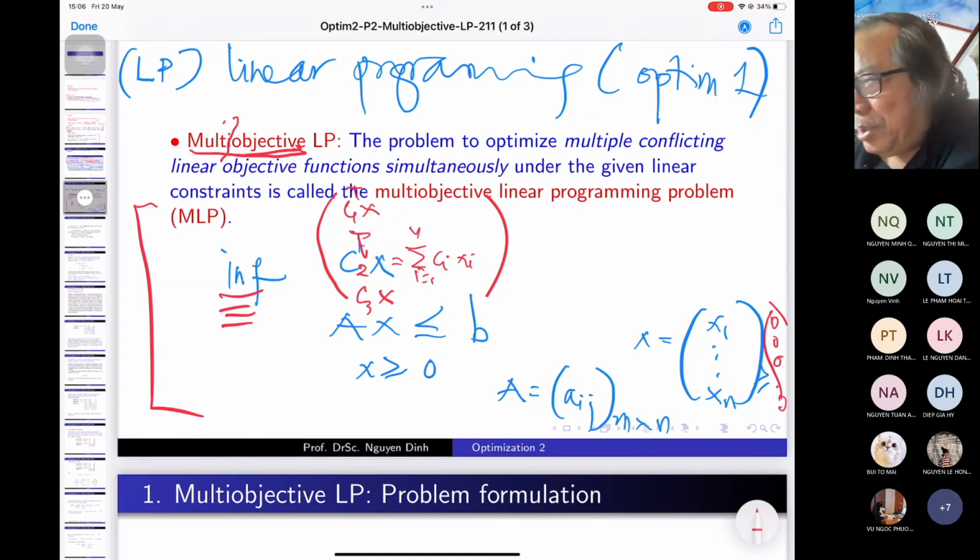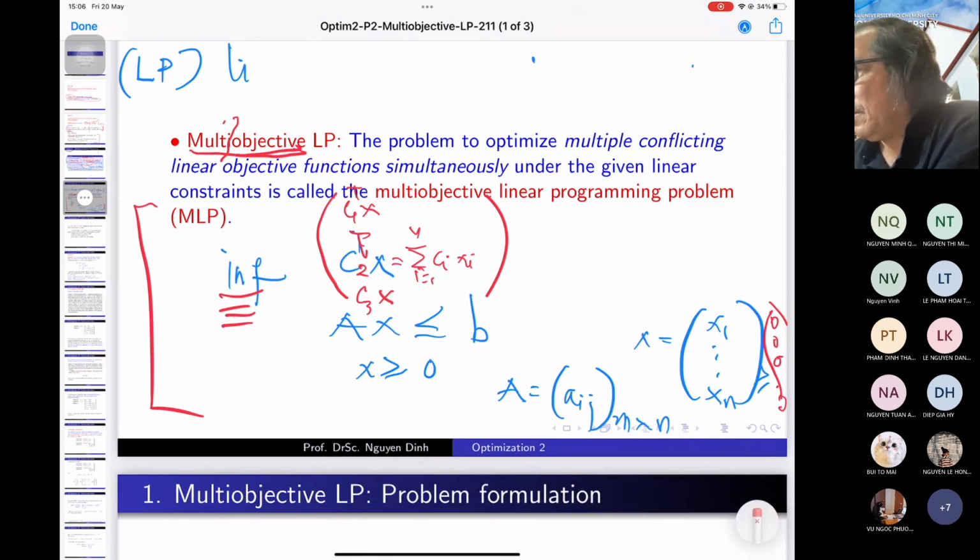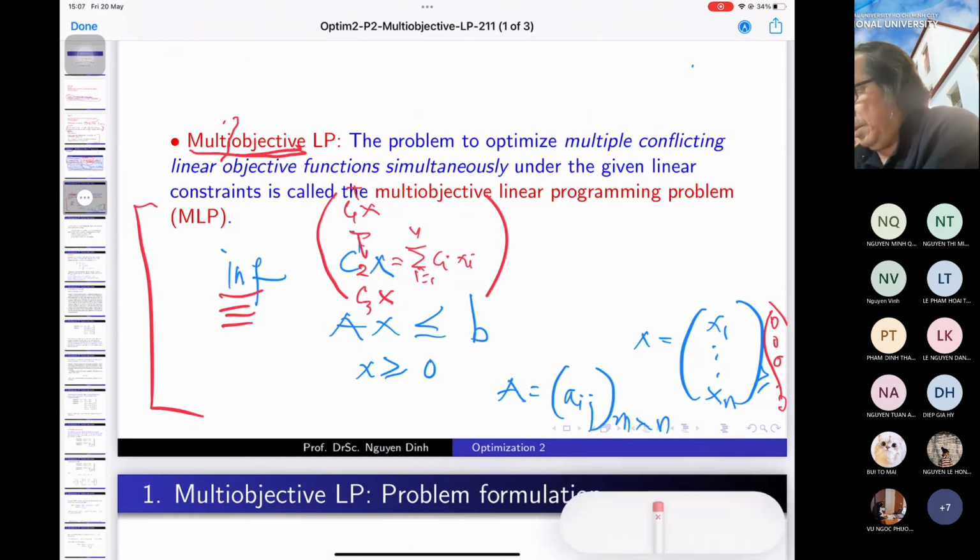Okay. So let's say in words, what does it mean? Let me delete things here so it makes things clearer.